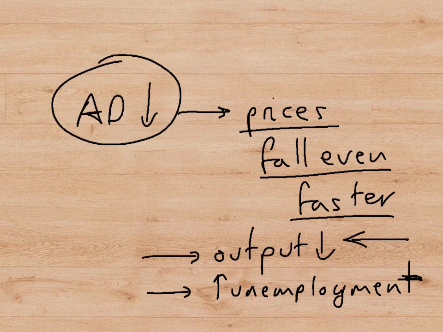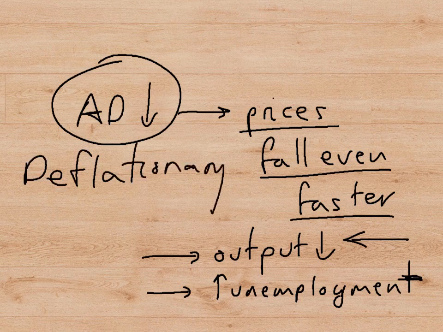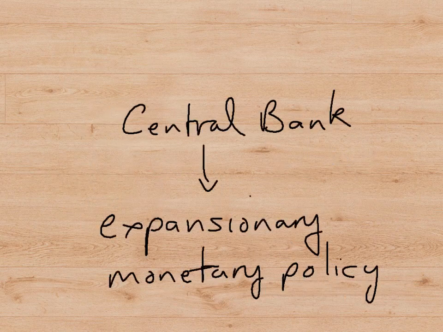So what we have is called a deflationary spiral, which is a spiral of falling output and rising unemployment. So deflation is almost as bad, in fact it is as bad, as rapidly accelerating inflation.